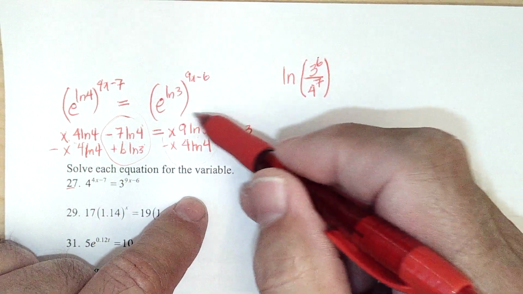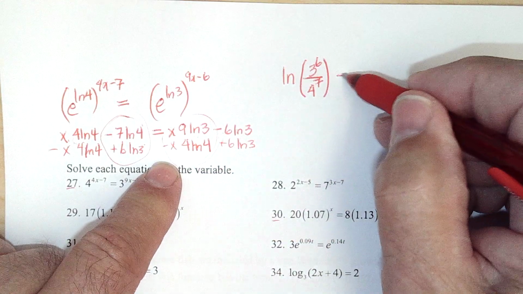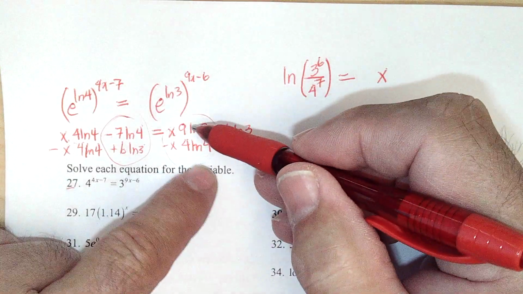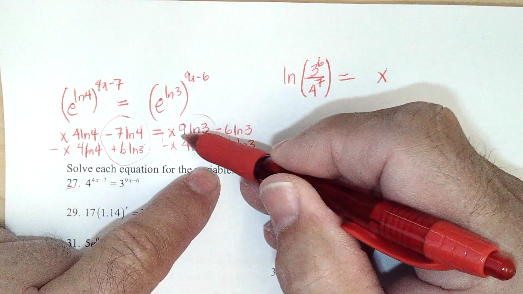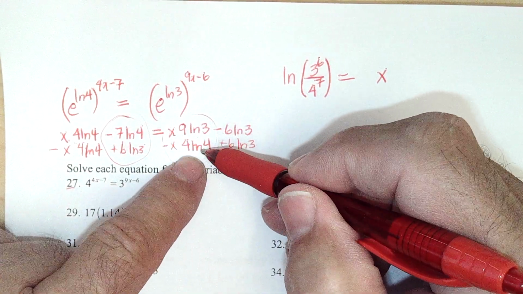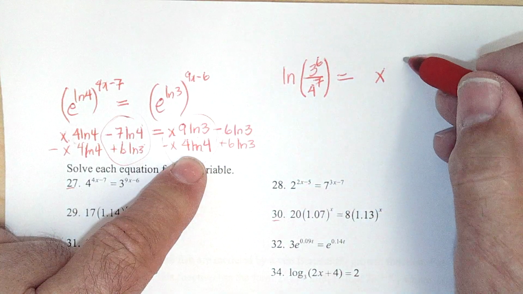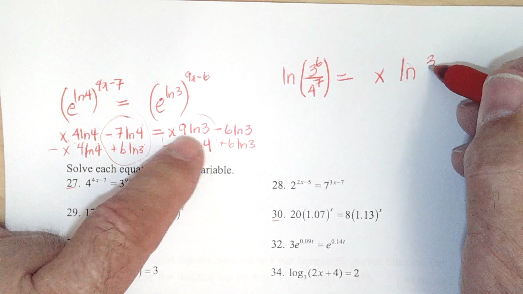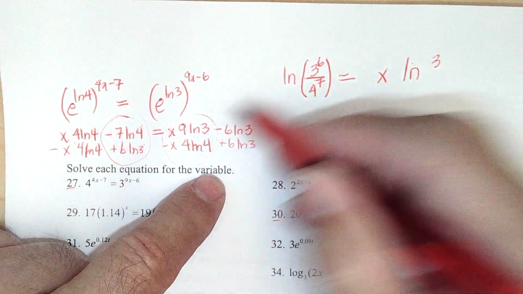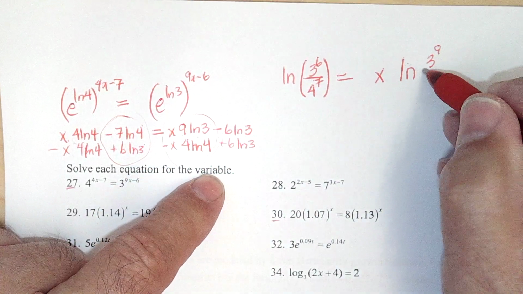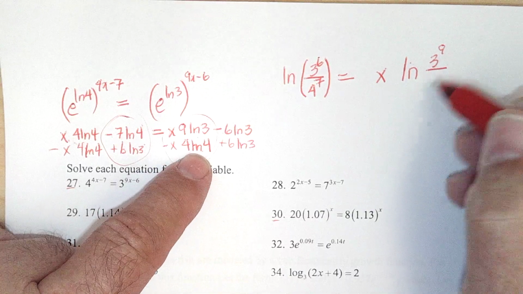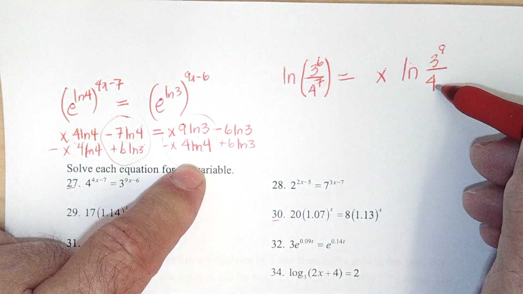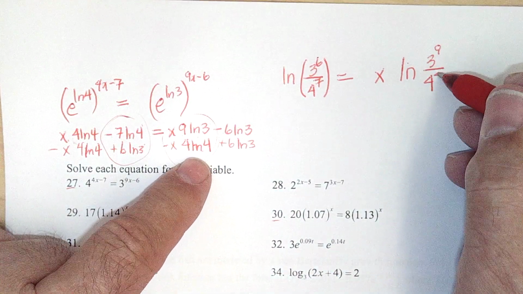These two both have an x, so I factor it out. And it's going to be, this one's positive and this one will be the negative. So this is going to be ln of 3 to the 9th power, moving the 9 up, over 4, the subtract makes it go division inside, to the 4th.